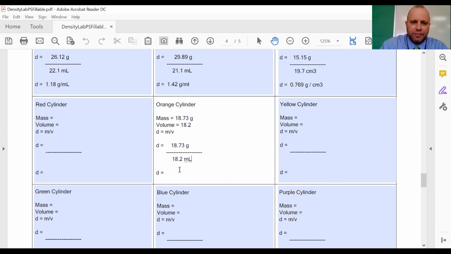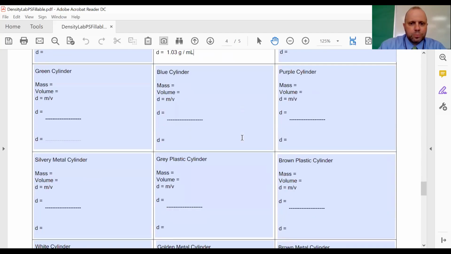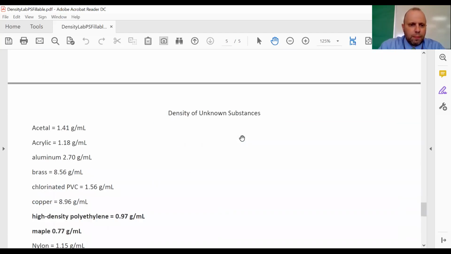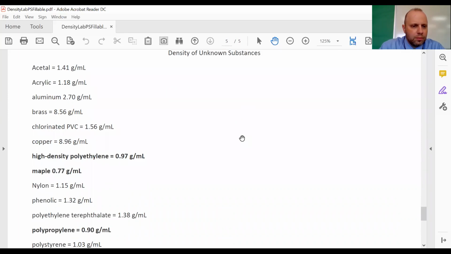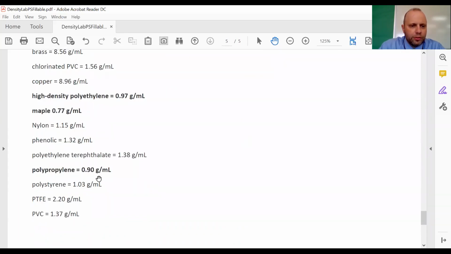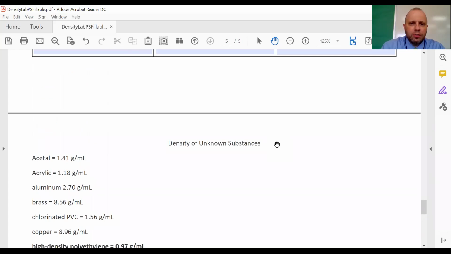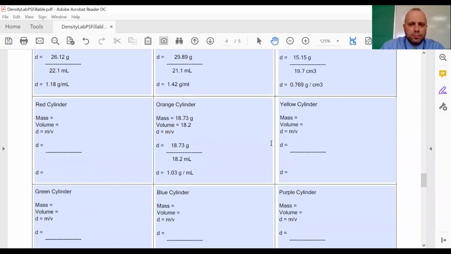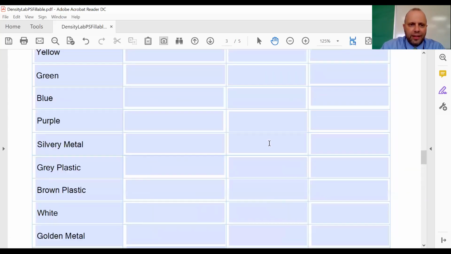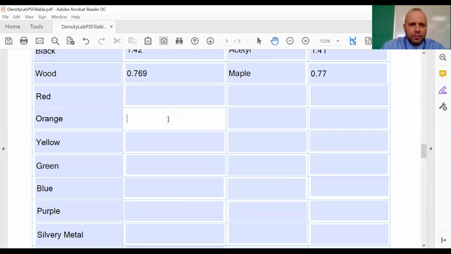We get a density value of 1.03 grams per milliliter. So it looks like this is an example of polystyrene. Polystyrene is 1.03 grams per milliliter. We had that one exact.